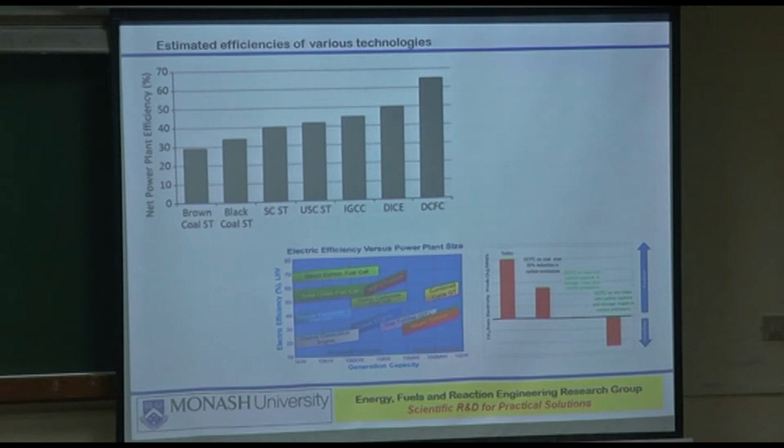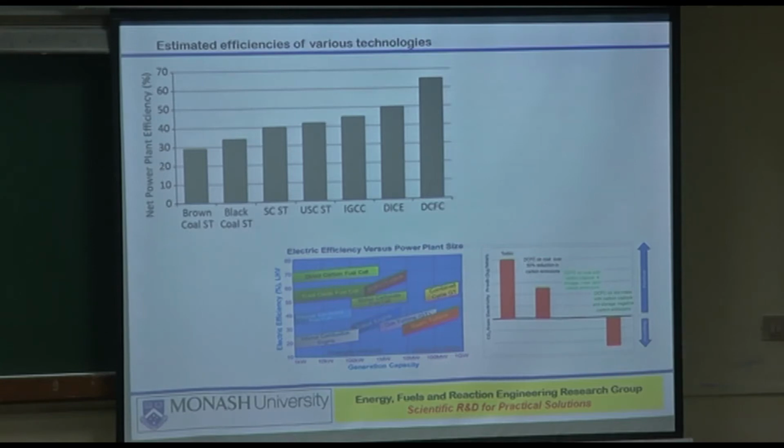The combination of solid oxide fuel cell and steam turbine, SOFC, is 10 megawatt, and the direct carbon fuel cell is very, very tiny. So is the solid oxide fuel cell, so is the polymer electrolyte fuel cell, so are the internal combustion engines, IC engines.